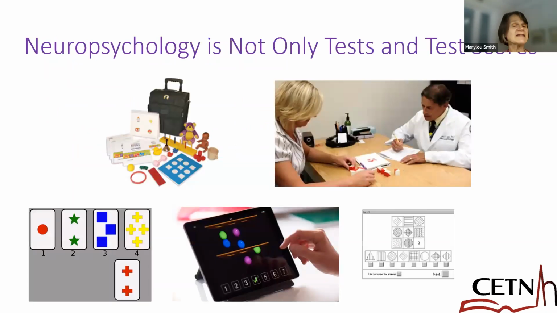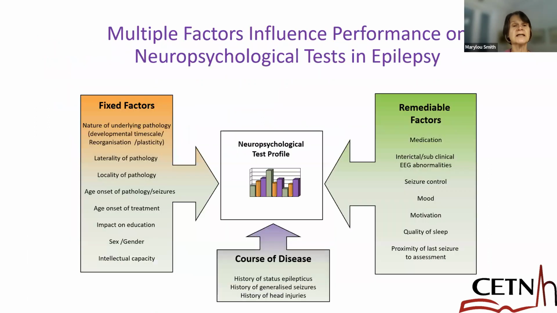So as I said, neuropsychology is not only tests and test scores, but in fact, we have to take into consideration multiple factors that influence performance on neuropsychological tests in epilepsy. These can be divided into 3 major categories.